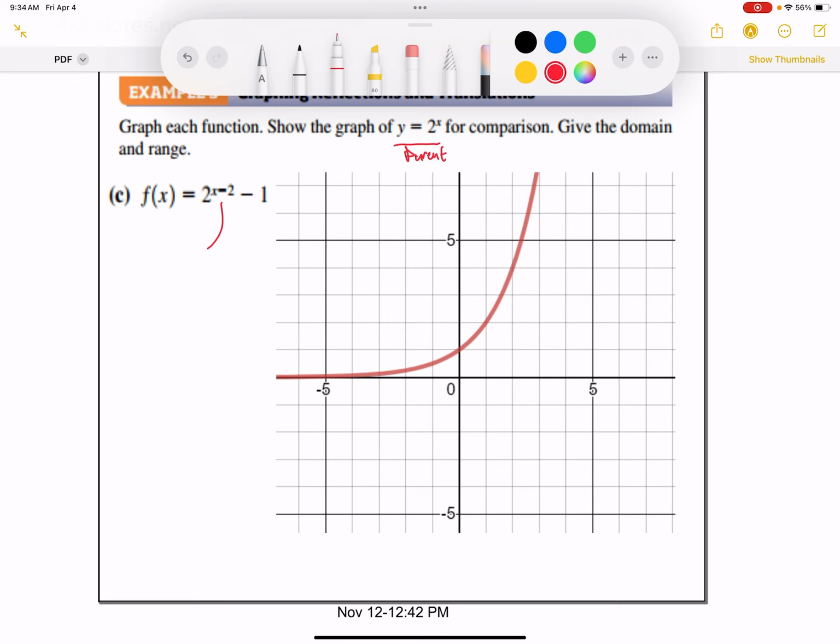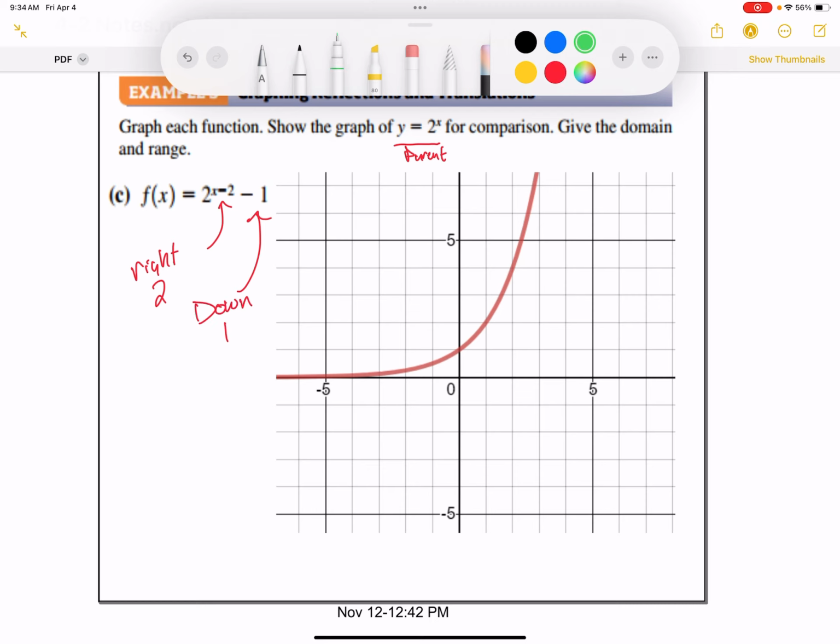Now I know that this is moving the graph right 2, and this is happening outside the x values, not with the x values, so it affects the y values. And I'm subtracting 1, so this is down 1.